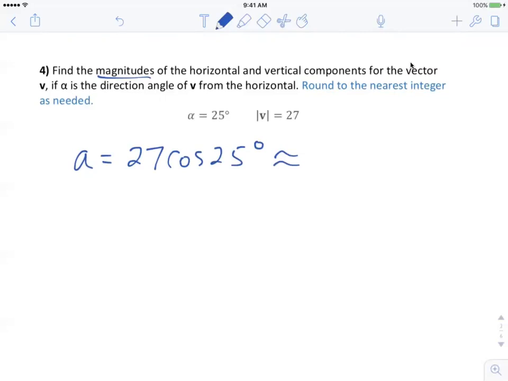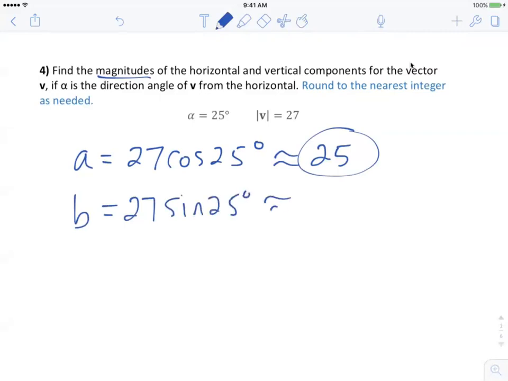And I'm just going to plug that right into my calculator, and it says round to the nearest integer. This is about 25. Right? And then the B is 27 sine 25 degrees. Plugging that in, I'm getting about 11. And those are the magnitudes of the horizontal and vertical components. Just the length of those sides. Okay.